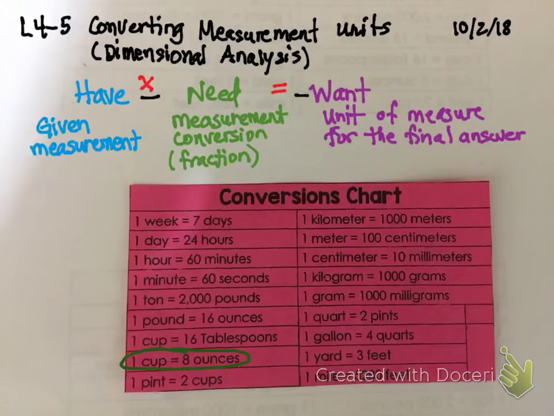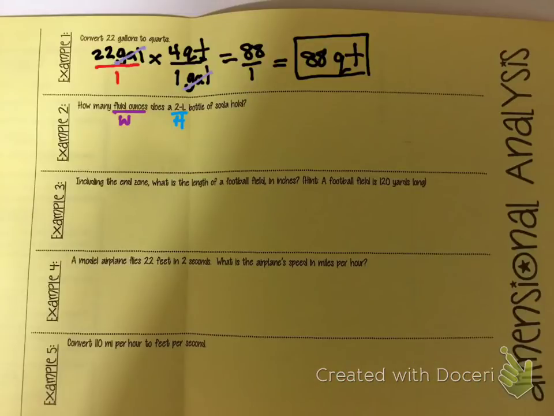So let's see, was there something else there? Liters and cups. Let's see. We have nothing here for liters and cups. But I tell you what, you're not going to have to know this one, but this is just an example. Okay. So we're going to start with our 2-liter bottle.